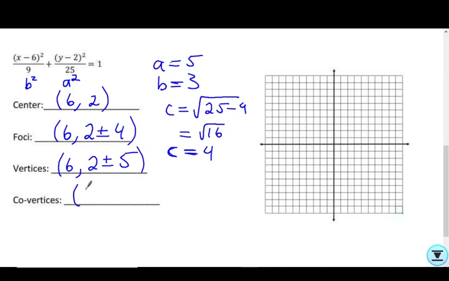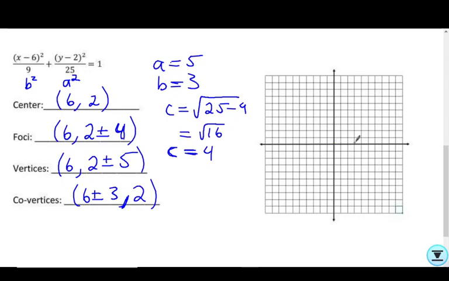And the co-vertices are going to be 6 plus or minus 3, comma 2. Now, if you want to, you can sit here and write 6, comma 6 and 6, comma negative 2 for your foci, but why? There's no reason. So let's graph our points.